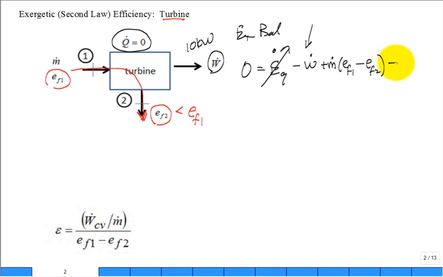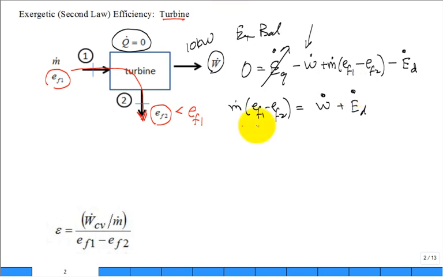And then we had the destruction of exergy. We can rewrite that equation so it's a little easier to read. We say what comes out of the fluid flow stream, E_F1 minus E_F2, is equal to, it goes into the shaft power out, or is destroyed.